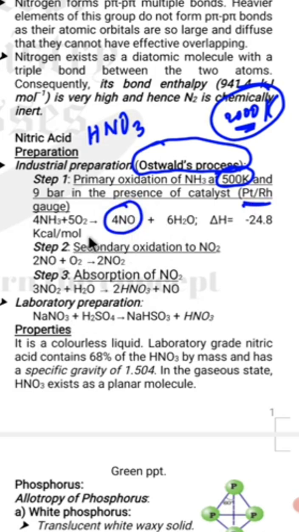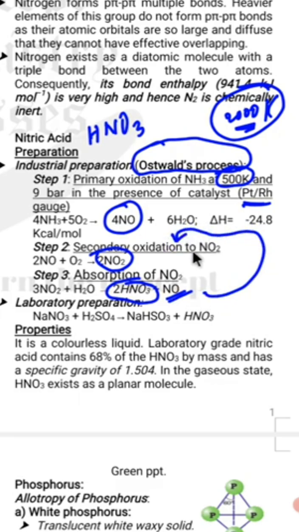In the second step, this nitric oxide is further oxidized to NO2, nitrogen dioxide, and in the third step, this NO2 is reacted with water to form our nitric acid. Along with nitric acid, a gas is evolved, that is nitric oxide. So we can collect this gas, and we can continue from the second step to produce more nitric oxide.